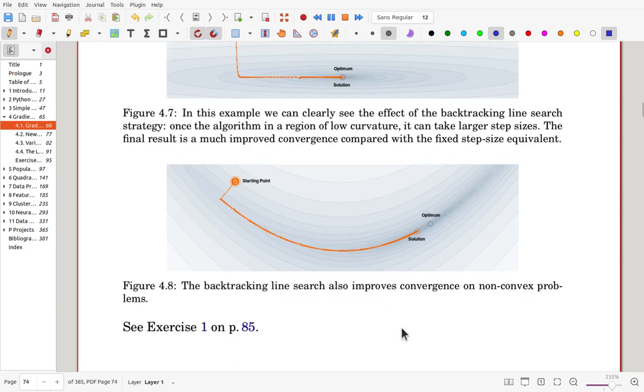And for the non-convex objective function, now it is better. Rather than being stuck around here, it is approaching better, and it is improved anyway. So when you use the gradient descent method with backtracking line search, you can get a better algorithm, so it is quite recommended.